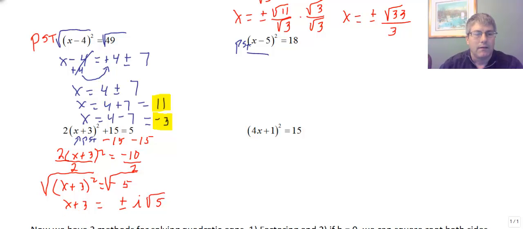And then I have to subtract 3 from both sides. And my final answer becomes x equals negative 3 plus or minus i square root of 5. And this final problem that we haven't done is similar to that as well. I'm going to leave that for you to bring to class as well.